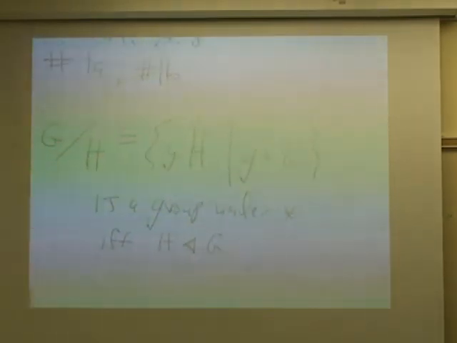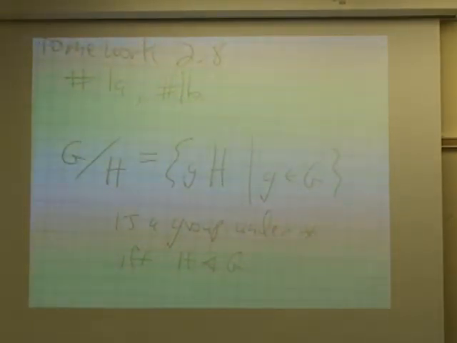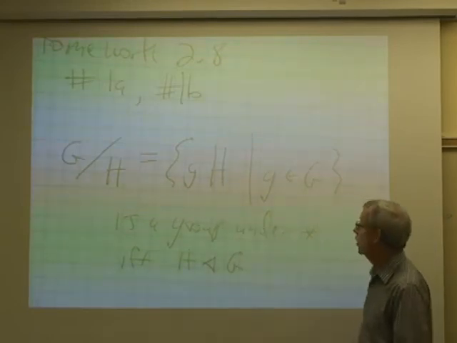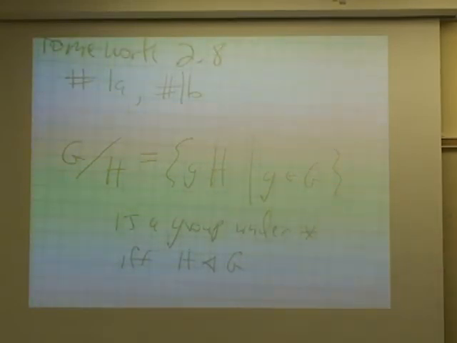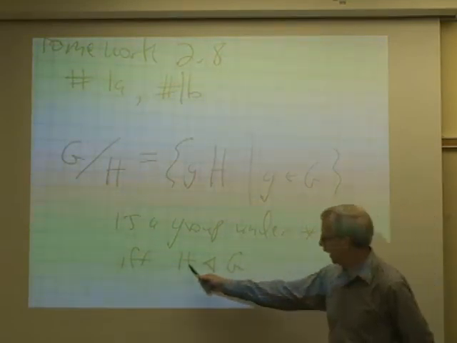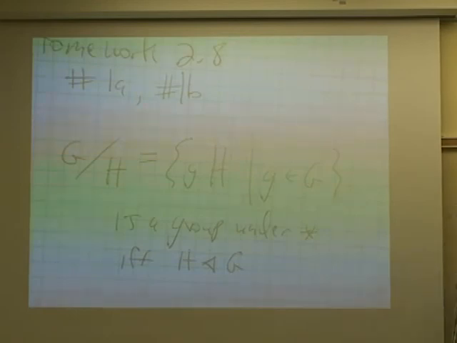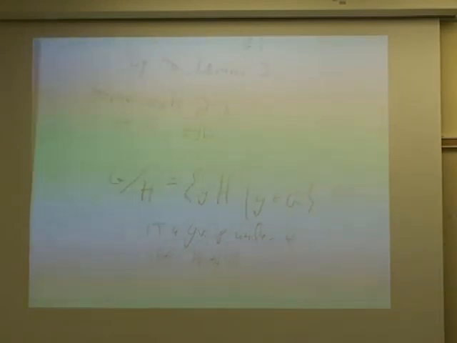This is what we really are after. This symbol, G mod H, is the set of all distinct cosets of H in G. It actually is a group under the group operator if and only if H is a normal subgroup of G. This is why we care about normal subgroups. And there's the homework. I think we are good until Friday.